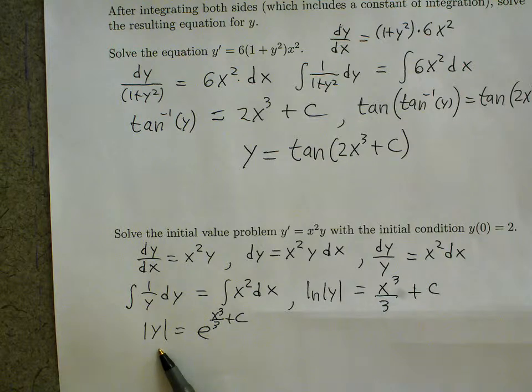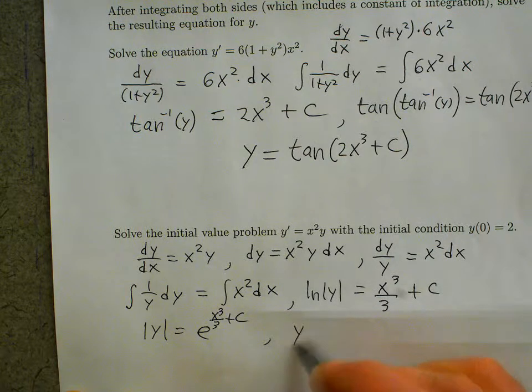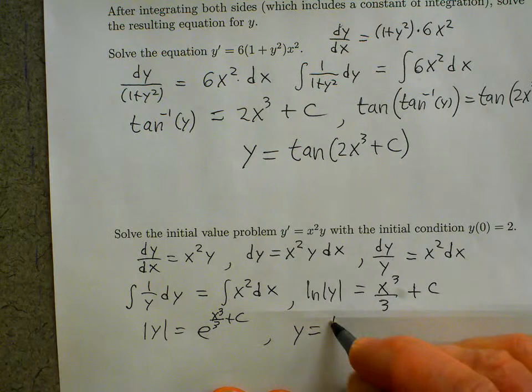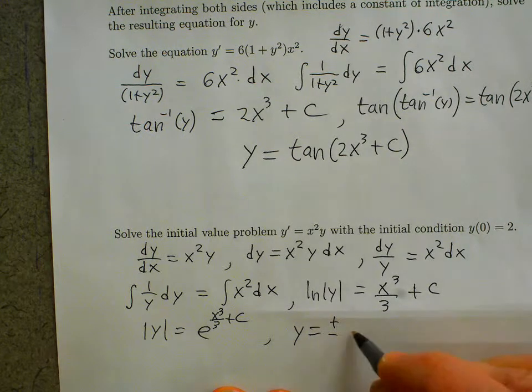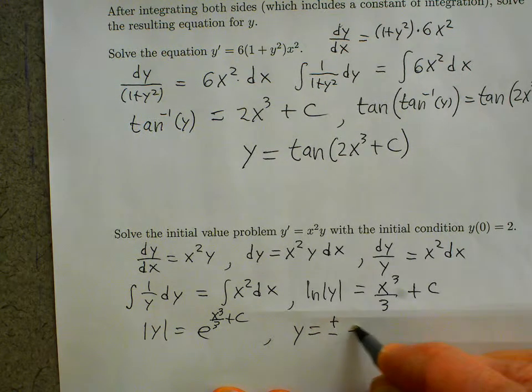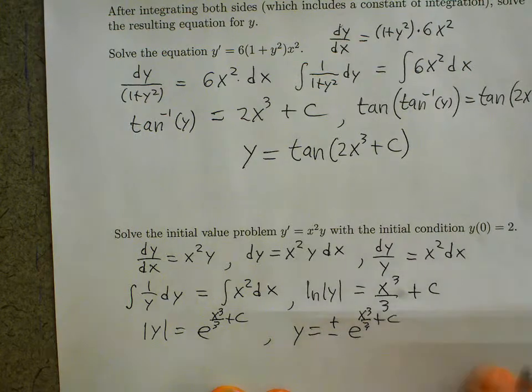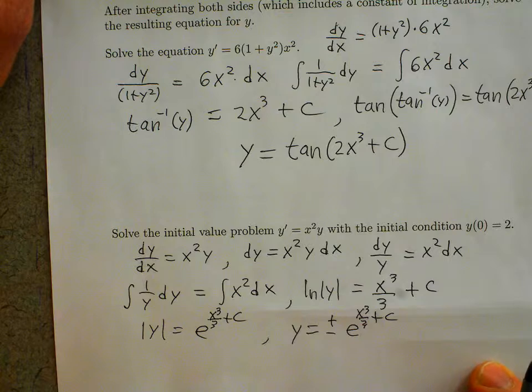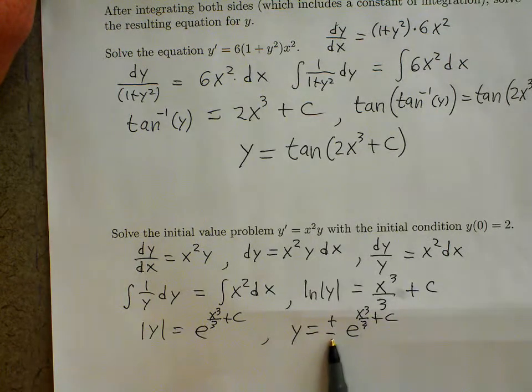And then to solve for y, since we have the absolute value of y, we write y equals positive or negative e to the x to the third over 3 plus c. And then the initial condition is going to determine whether we use the positive or the negative.